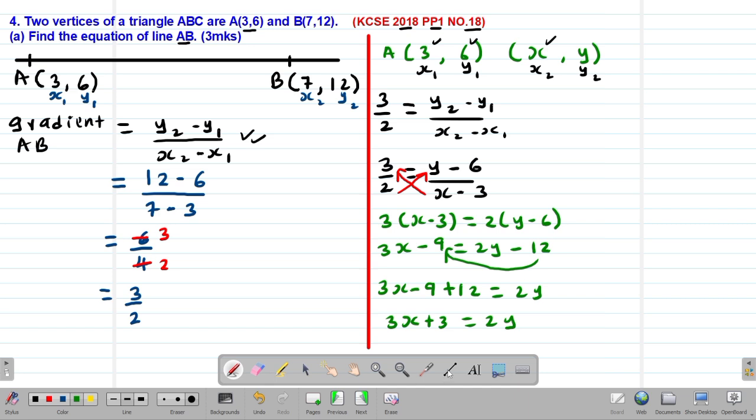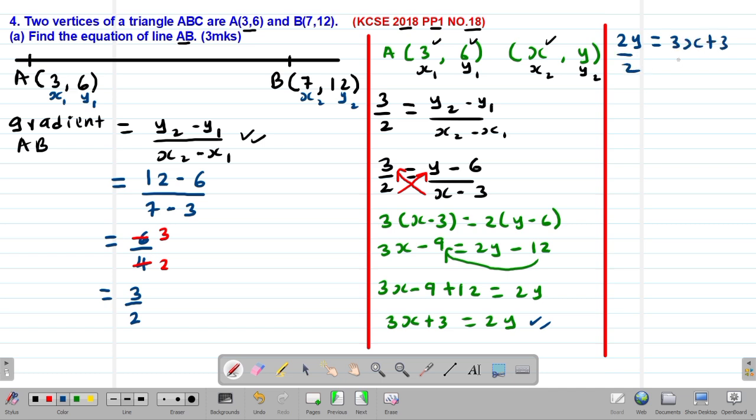Now, if I decide to express the equation in the general form of the equation of a straight line, which is y equals mx plus c, this equation can be rewritten as 2y equals 3x plus 3.